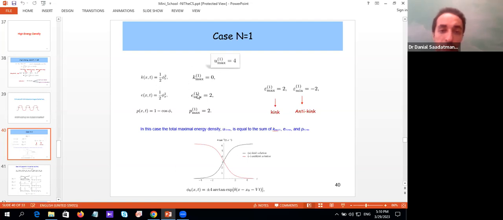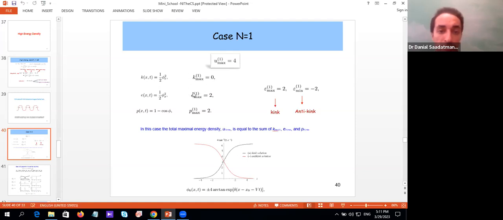But it is better to say that here we calculate the maximal values for the kink and anti-kink for slow solitons. Obviously, if we increase the velocity, this value depends on the velocity. But for us, it is interesting to know the result for slow moving kink and anti-kink.